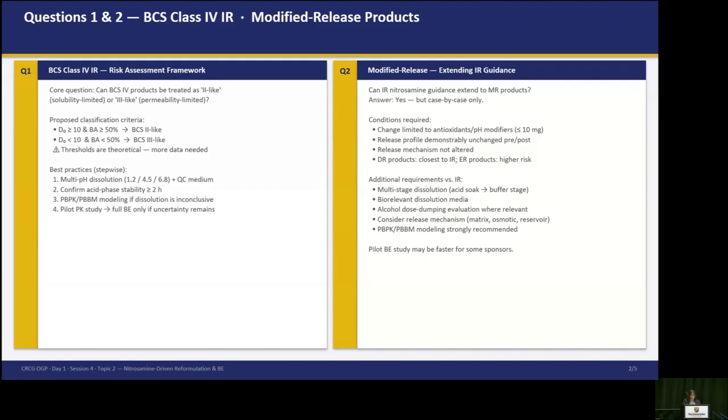We will also want to make sure that the release mechanism is not altered. And finally, an interesting discussion was that people think the DR products are actually closest to the IR products. So that means the IR guidance we currently rolled out can probably be applicable to the DR products, but not other extended release products.